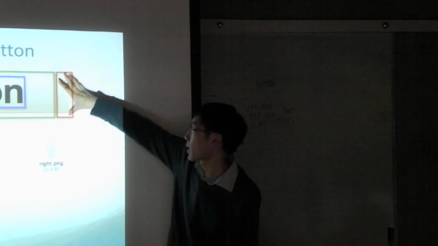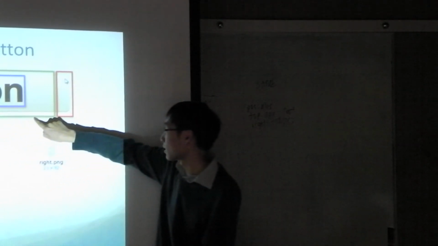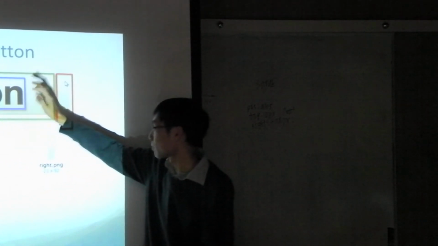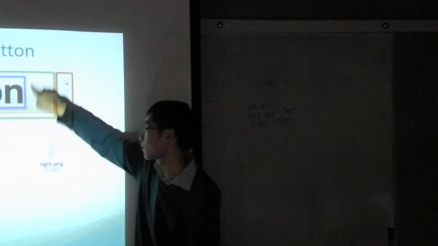We're going to make the left-hand side a span, the middle place a span, and the right side a span as well. And then the label is going to be inside the middle part.